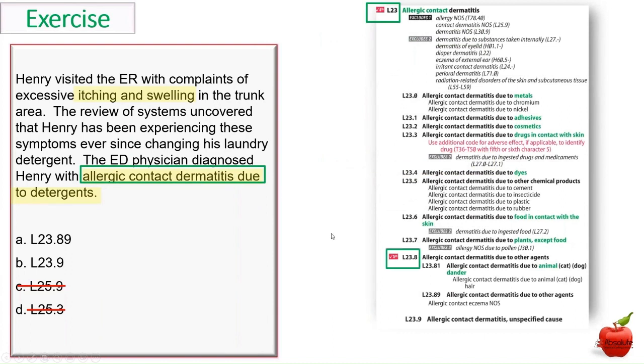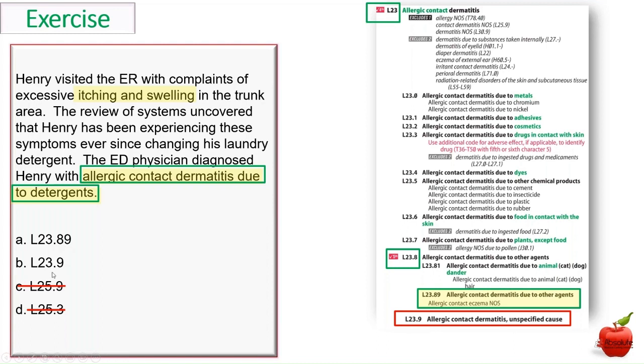L23.8, allergic contact dermatitis due to other agents. L23.89, allergic contact dermatitis due to other agents, allergic contact eczema. And then L23.9, allergic contact dermatitis, unspecified cause. So we know what the cause is. It is due to the detergent.